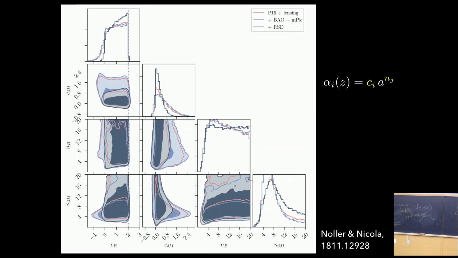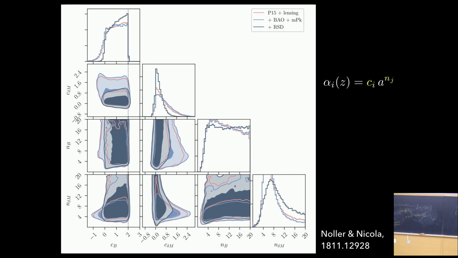Okay, they did also constrain this form here. All you really need to take away from this plot is that trying to constrain these power law indices is really difficult. There's basically not a constraint here. So the only well-constrained part of the plot, again, is on the amplitude parameters.